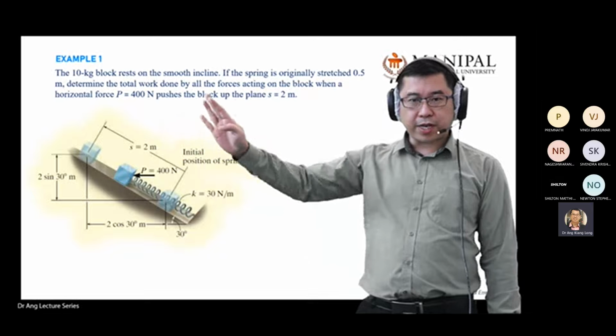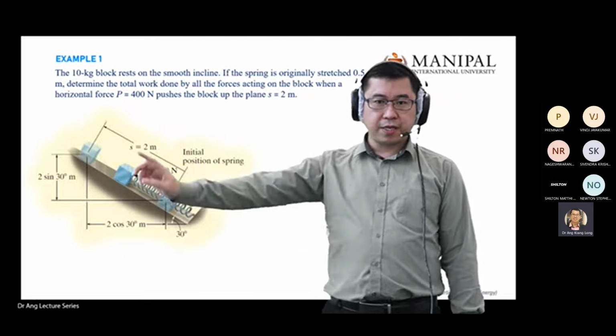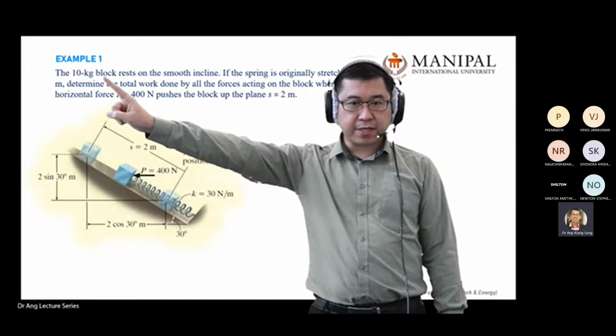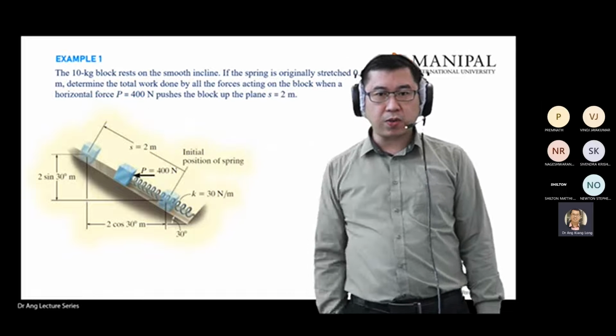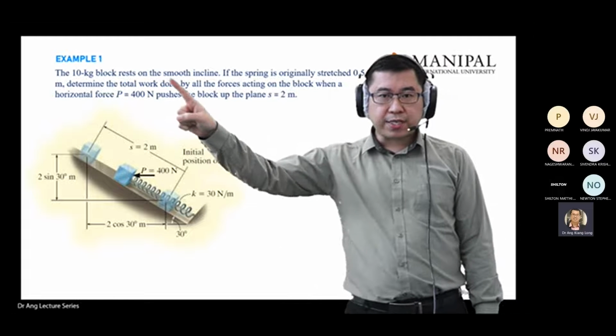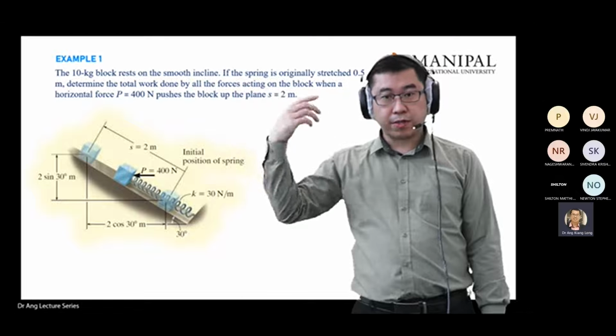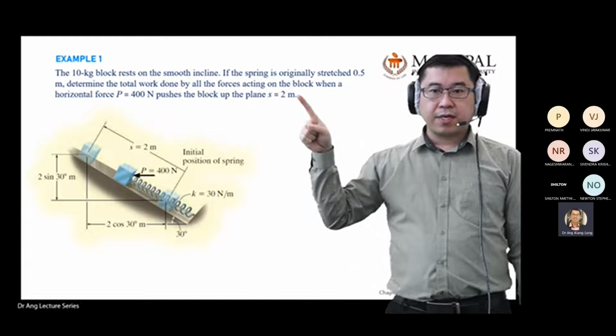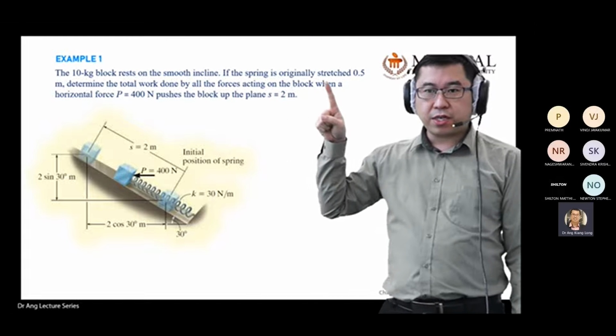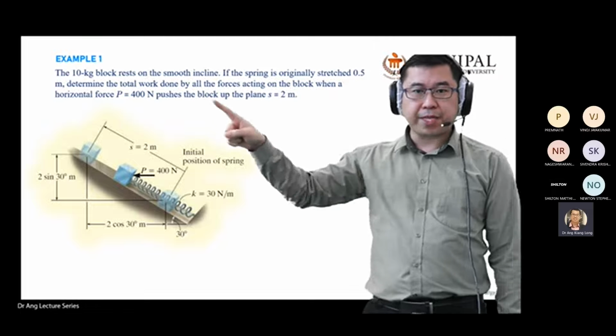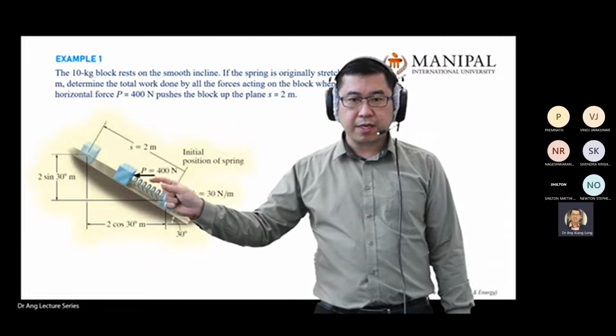Okay, try to extract information from the statement here. You are given the mass of the block, 10 kilograms, resting on a smooth incline, so you will start from rest. If the spring is originally stretched 0.5 meter, what does it mean?